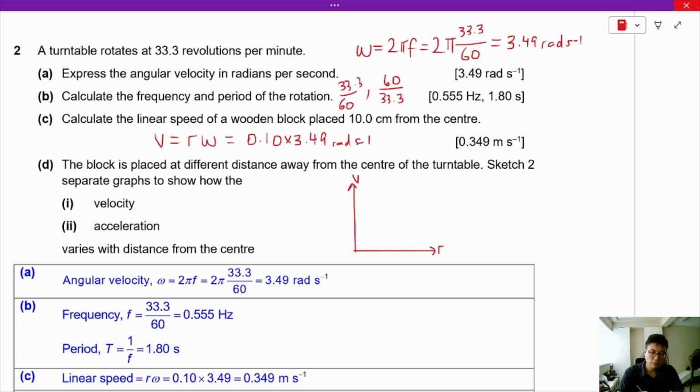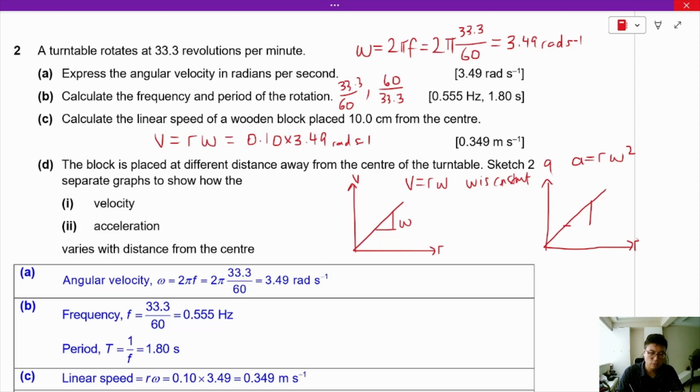If we write the equation v equals r omega, where omega is a constant, then v against r will be a straight line with the gradient being omega. Now let's draw the acceleration against distance from the center. If we write the equation, a equals r omega squared, and omega is also a constant, so omega squared will be the gradient.